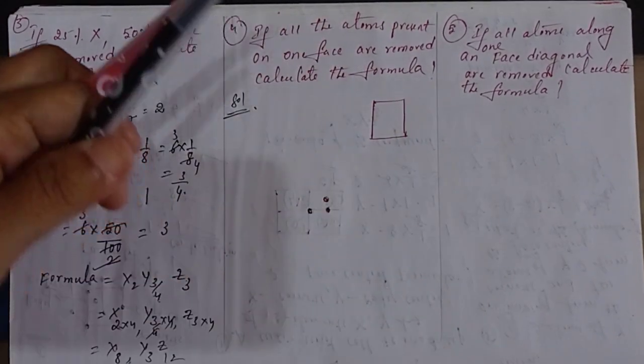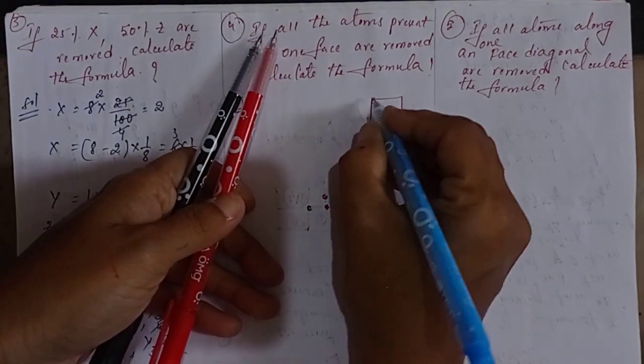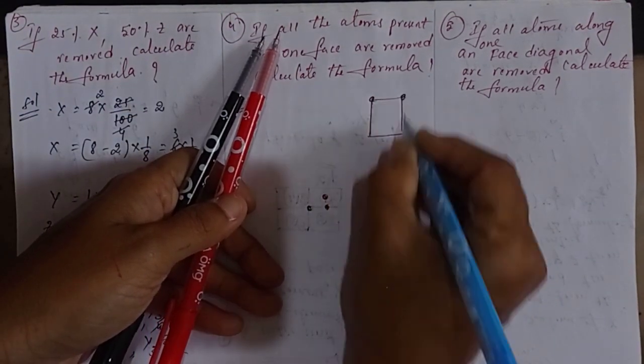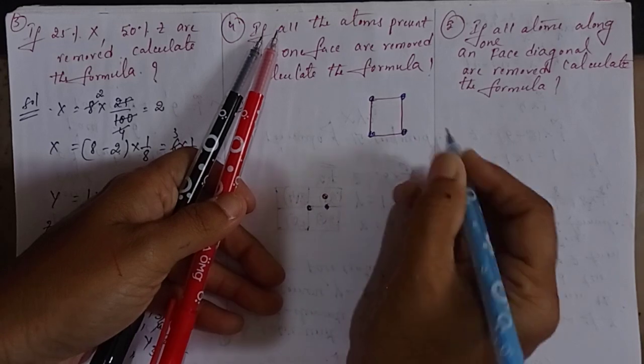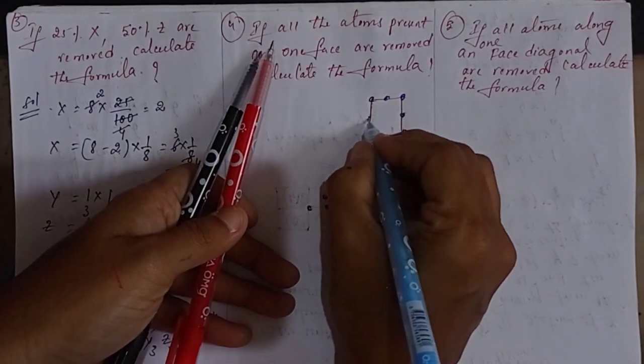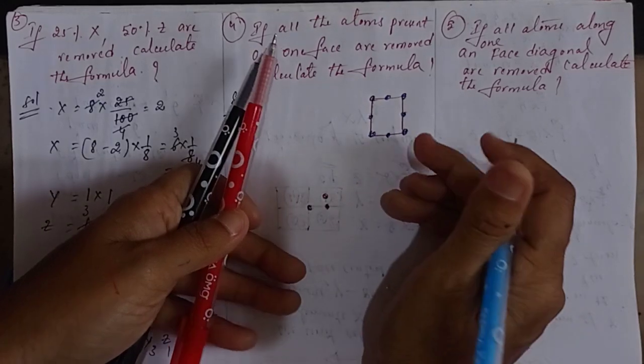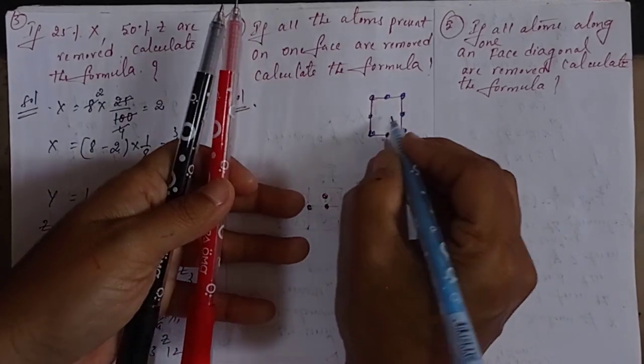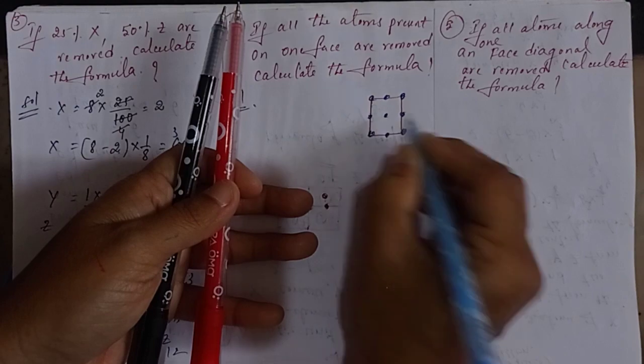On one face, what particles are there, students? Here corner particles are there, correct? 4 corners are there. And next edge center particles are there, correct? And next what is there, students? Face center particle also is there, correct?